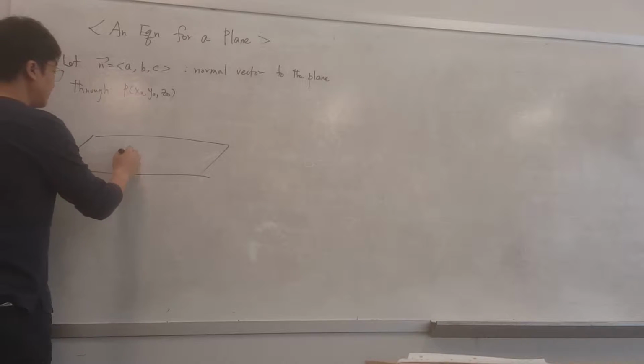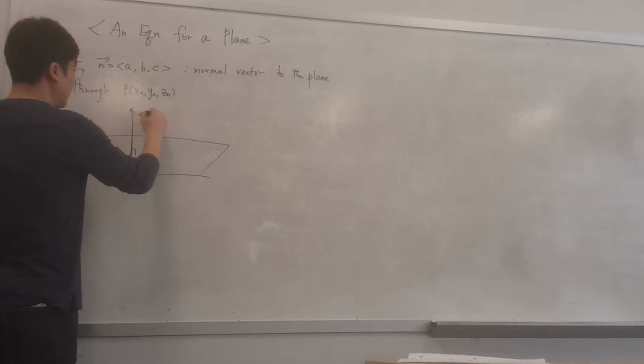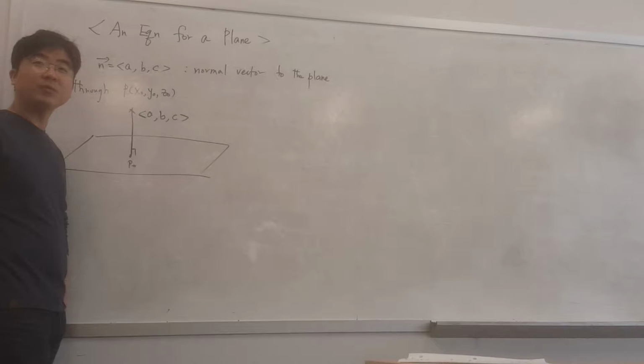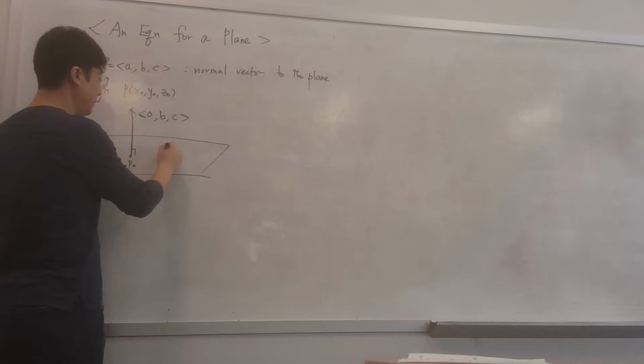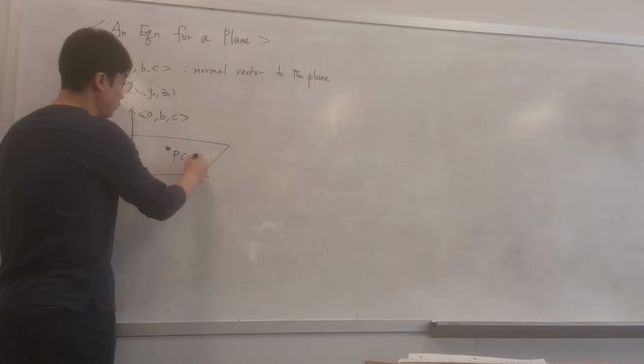And I also know the perpendicular vector, which is the normal vector, given by A, B, C. And also, to describe the plane equation, my x, y, z should be on the plane, right? So let me say my point P, which is an arbitrary point on the plane, is x, y, g.